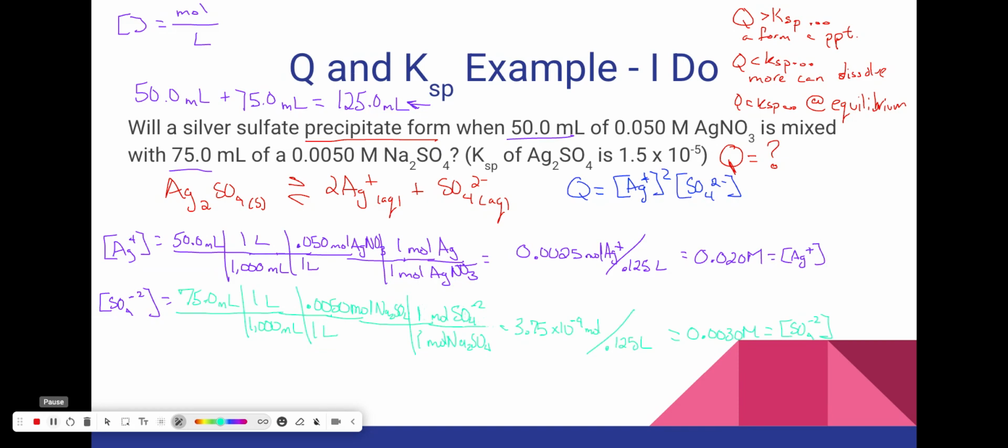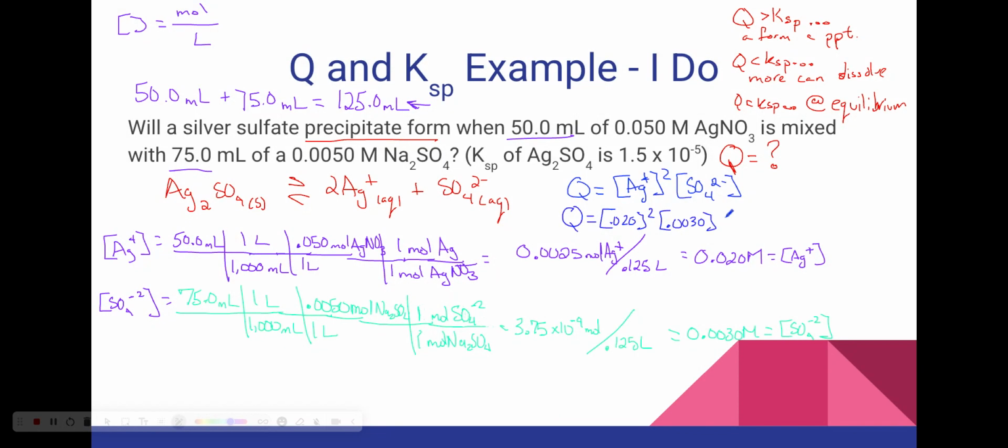When we plug those numbers into our Q equation, if we go back to the top here, Q is going to equal 0.020 squared times the concentration of sulfate, which is 0.0030. Our Q value is going to equal, one moment, let me calculate this out, 1.2 times 10 to the negative 6.